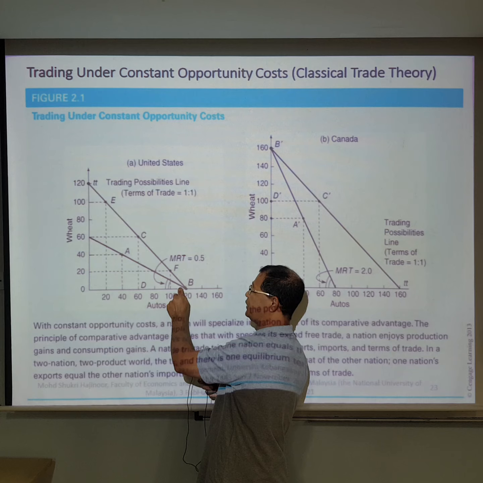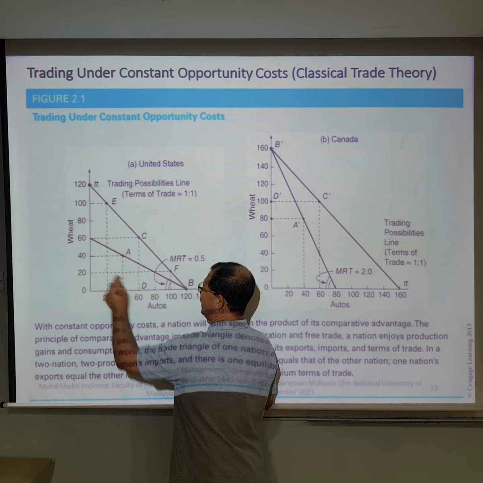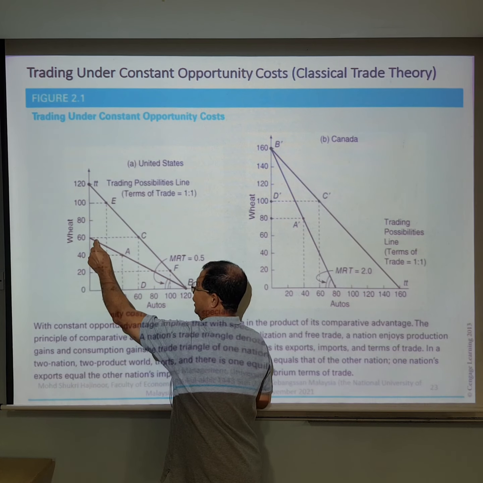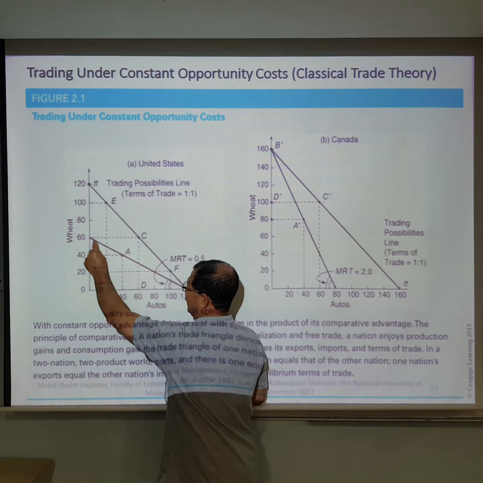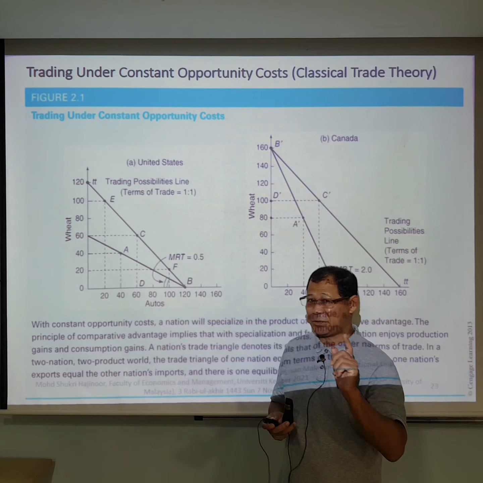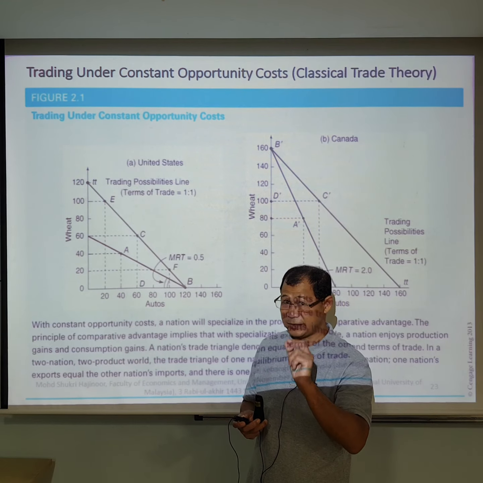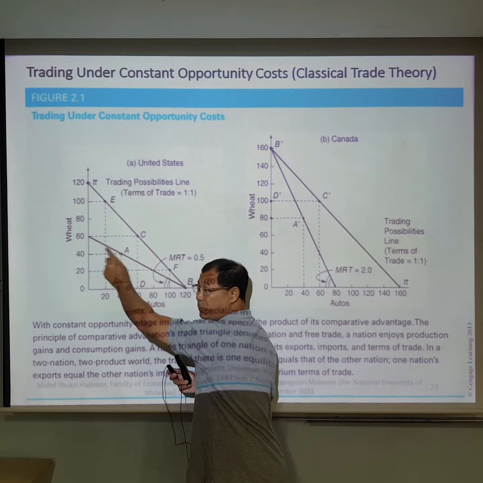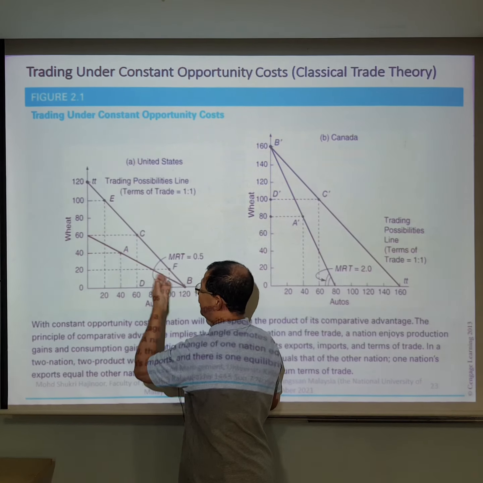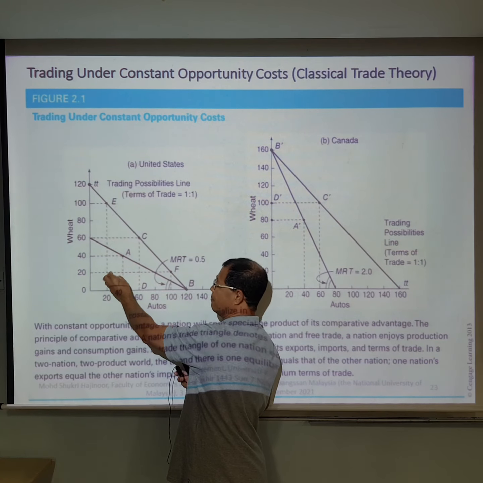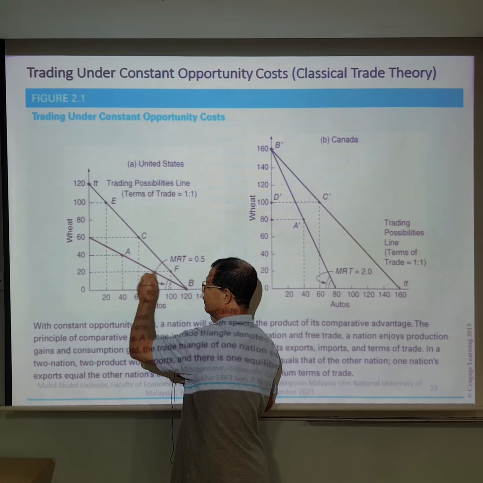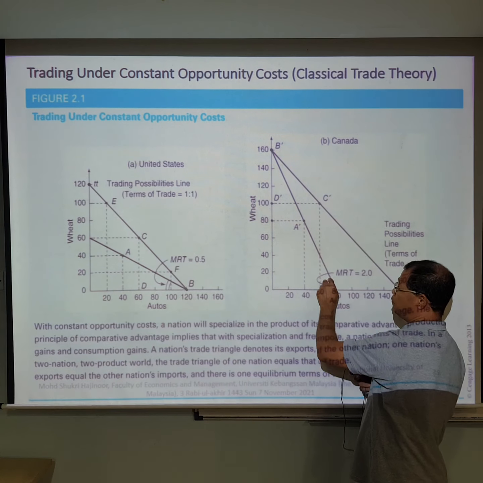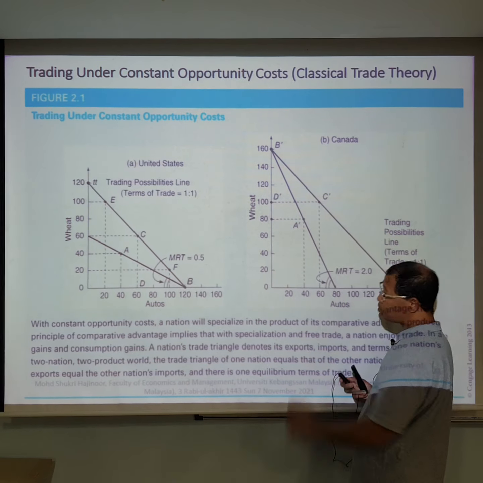Every little combination of X and Y, thousands of combinations, we can draw that line. This is the line of production possibilities. What are possibilities? Combinations of X and Y. The production possibilities frontier is the border. Inside is possible, but not maximum. Here is the maximum. Outside is not possible. The same thing with Canada's PPF: not possible outside.